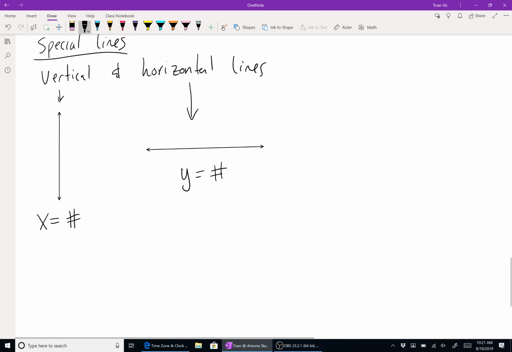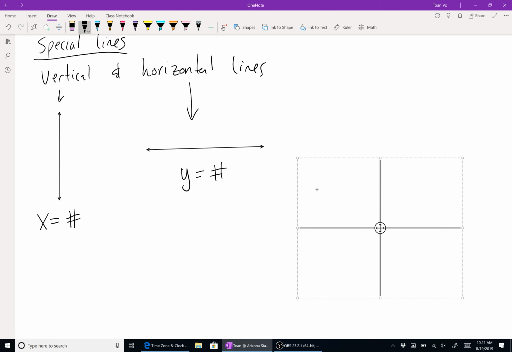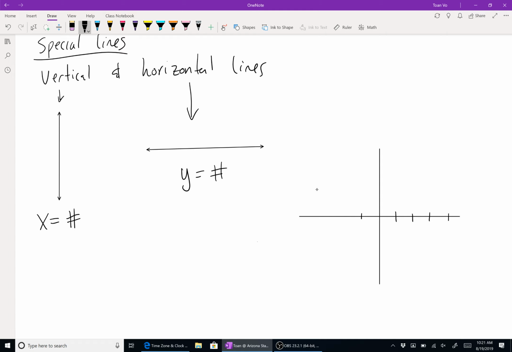Let's think of a coordinate grid, and let's look at a vertical line, say. Do you guys have a favorite x value that's small? 7. 5. Smaller? 3. 2. 2 is good. So you guys agree that this is x equals 2 right here.